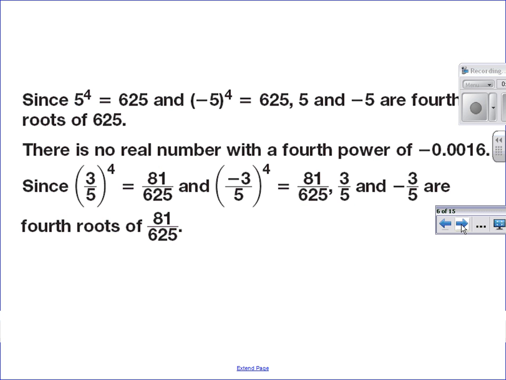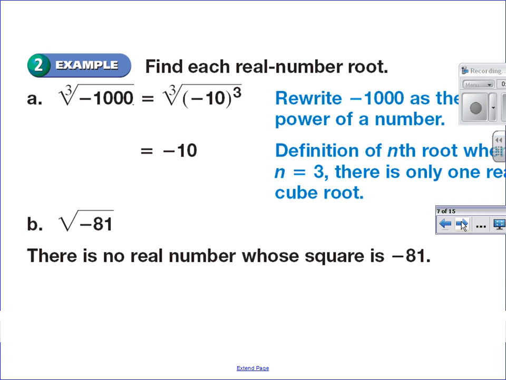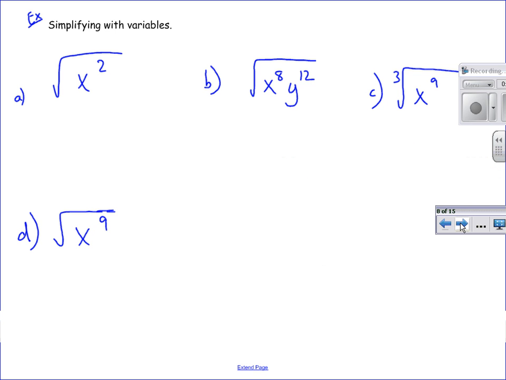All right, so now what we're going to do is go ahead and add variables to this. Let's look at this. Basically, simplifying with variables here, the index that's implied but not written is 2. So what times itself twice is x squared?